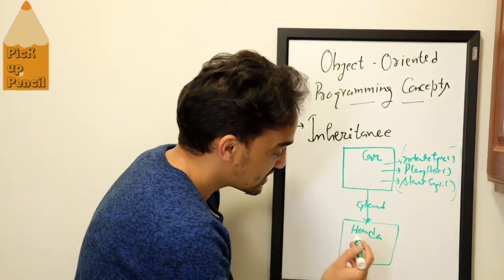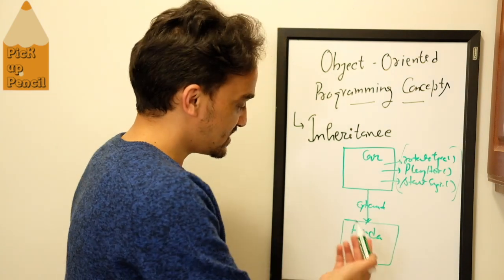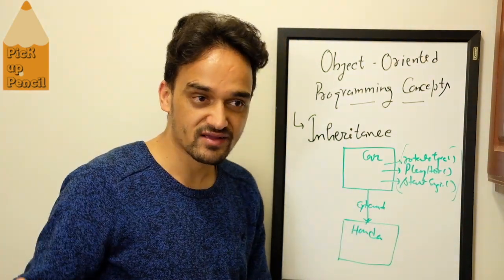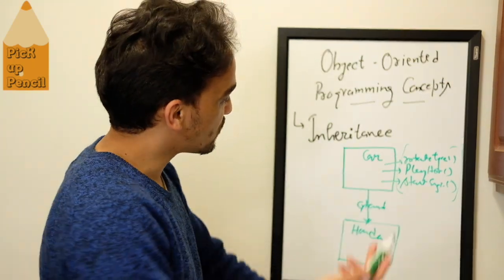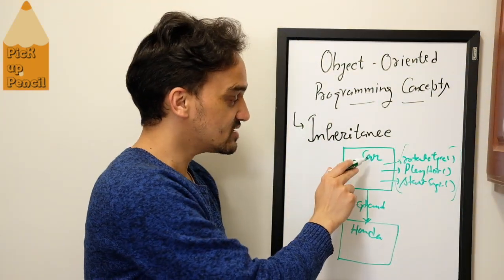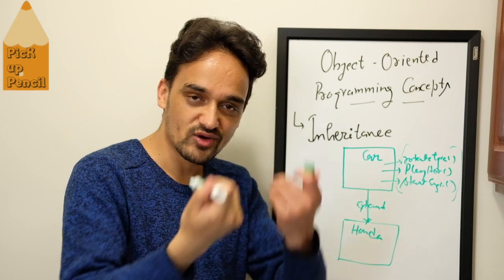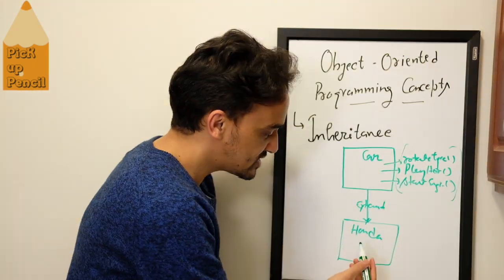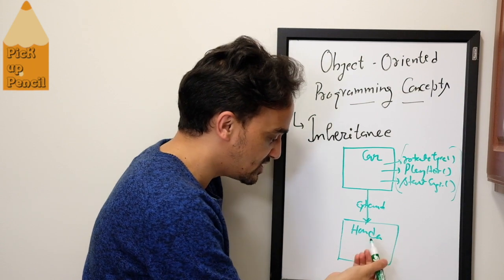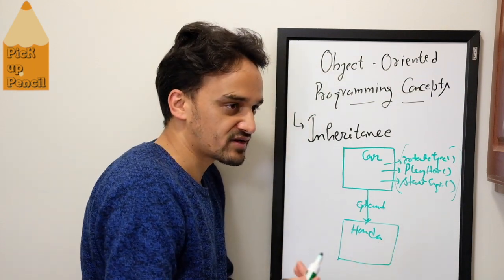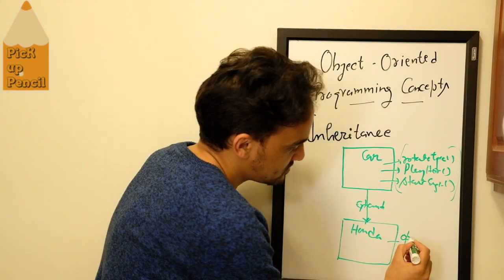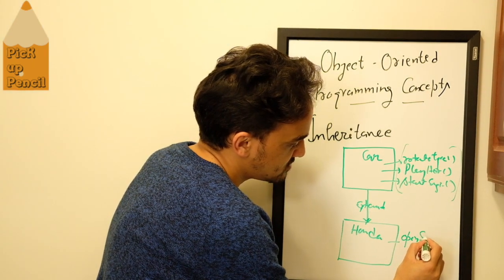Plus, it may be possible that your own class has some specific functionality that is not present in the car you are extending from, you are inheriting from. So what you can do is declare your own functionality here. Maybe Honda has some specific feature, maybe open sunroof.